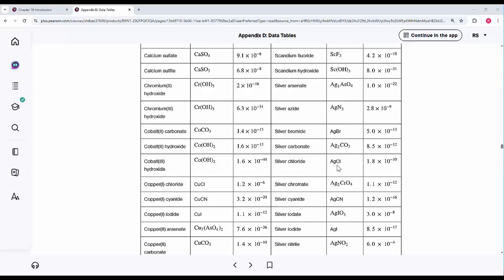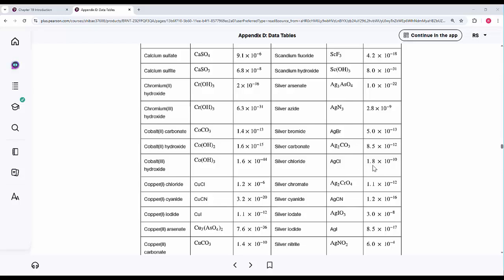For silver chloride, we get 1 silver and 1 chloride, but for something like silver carbonate, we would get 2 silvers and 1 carbonate. That changes the relationship between the solubility and the Ksp. So you can be tricked into thinking something with a smaller Ksp is less soluble, but because of how it ionizes, it might actually be more soluble than something with a bigger Ksp value.